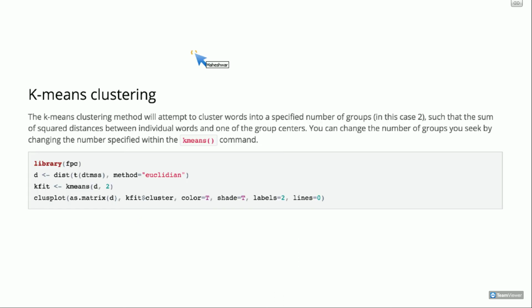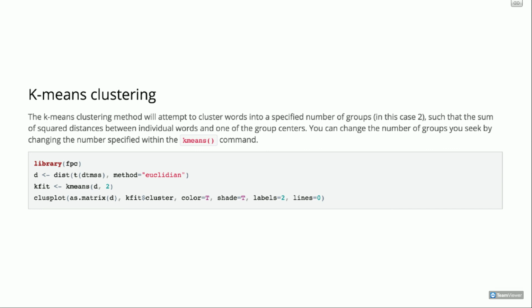There is another means of clustering called k-means clustering. You don't have to go into the details of how it's done, but it's basically depending on the center of each group. Distances are measured of these individual words.